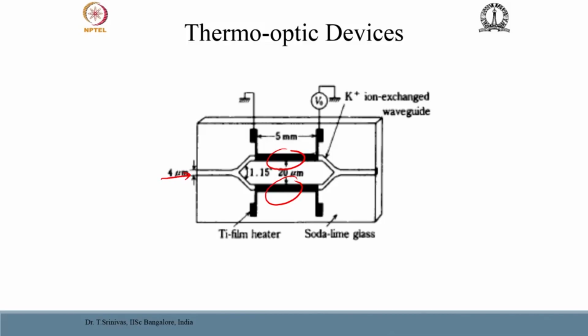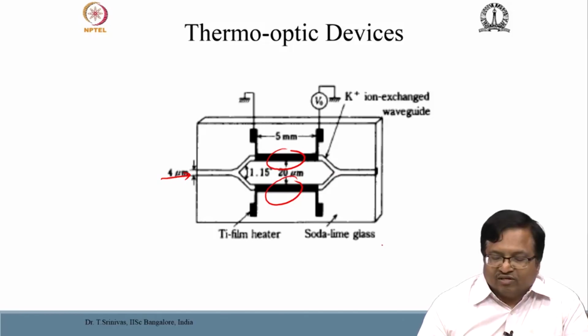When you apply voltage across these heater elements, the waveguide below it heats up, thus changing the refractive index very little, and you can either switch the signal or change the properties of the signal based on the heat. So, typically this is used for on off switching, is one of the important applications, and you can also create variable output power based on the heat that you apply to this.